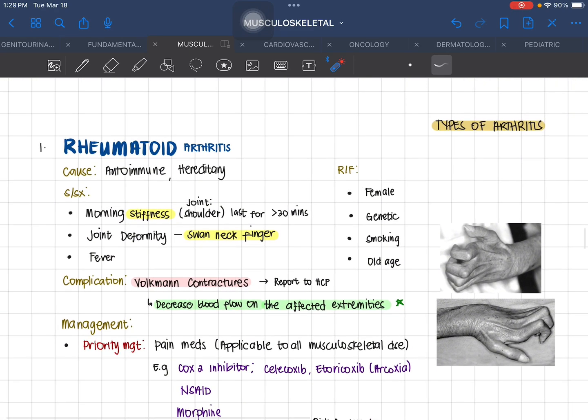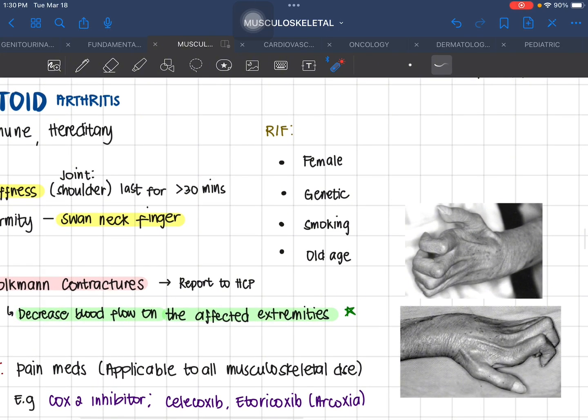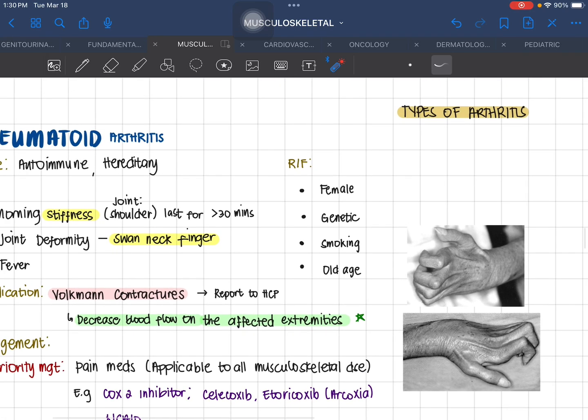So, tatandaan natin, signs and symptoms ng rheumatoid arthritis ay meron silang morning joint stiffness, specifically sa shoulder na tumatagal ng more than 30 minutes. Sunod, meron silang joint deformity. Isa sa joint deformity nila ay yung tinatawag na swan neck deformity. And lastly, nakaka-experience sila ng fever. So, ano nga ba yung mga risk factors? At risk ka for rheumatoid arthritis kung ikaw ay female.